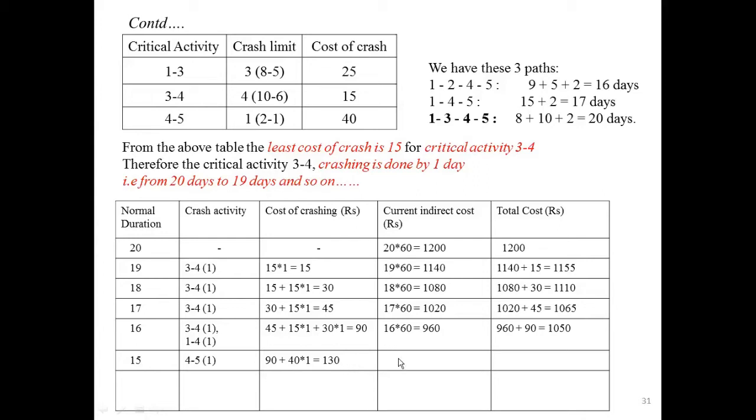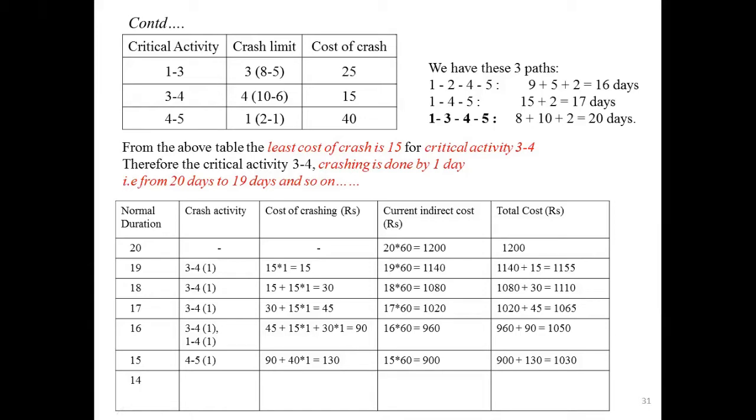Then the indirect cost is 15 into 60, since we are reducing to 15 days. Therefore, 15 into 60, we get 900. Then the total cost is 900 plus 130, that is 1030. Then 4 to 5 is over, since we can reduce it only by 1 day.